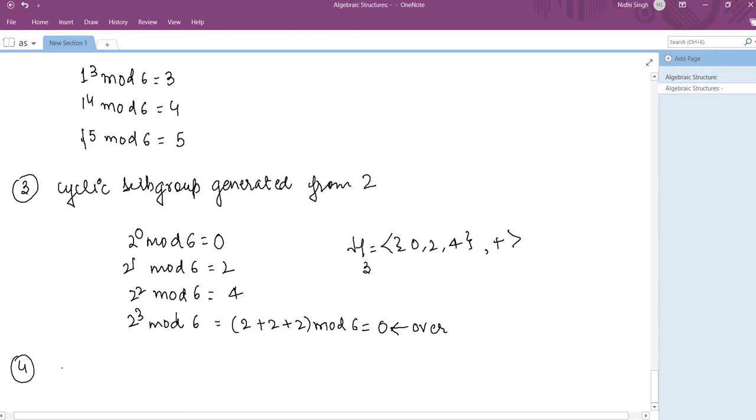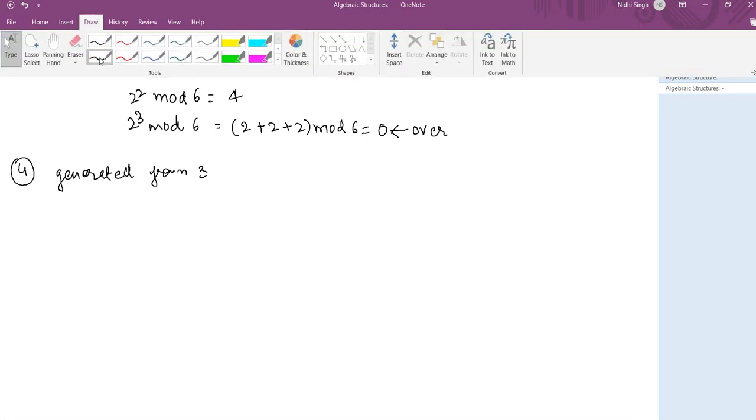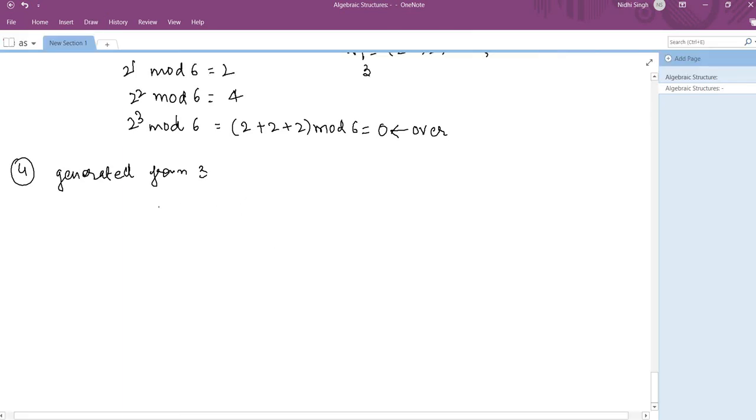Then the fourth one, the cyclic subgroup generated from 3. So 3 to the power 0 mod 6 means 0. 3 to the power 1 mod 6 means 3. 3 to the power 2 mod 6 means 3 plus 3 equals 6 mod 6, and it should be 0.